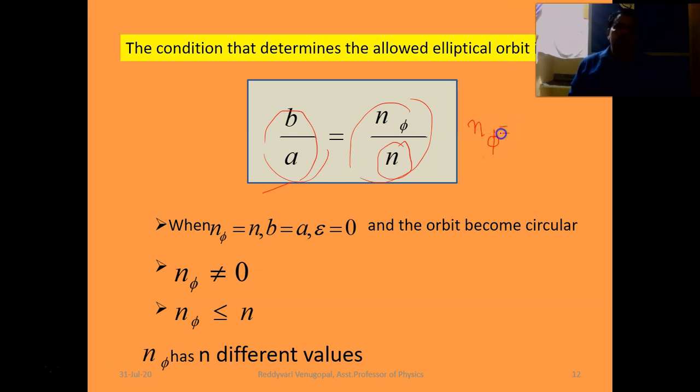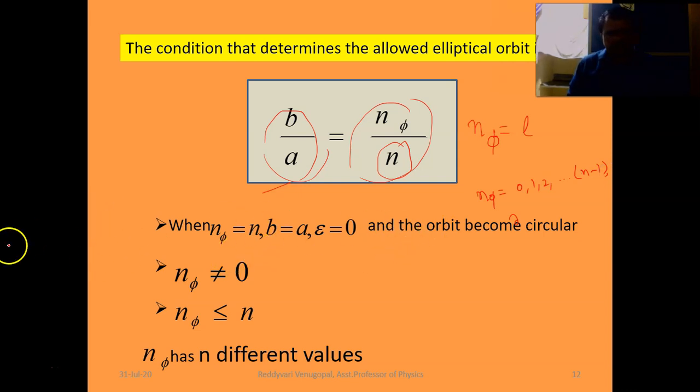In the vector atom model, we represent this with L. The values that n phi can take are 0, 1, 2, and so on up to n minus 1.